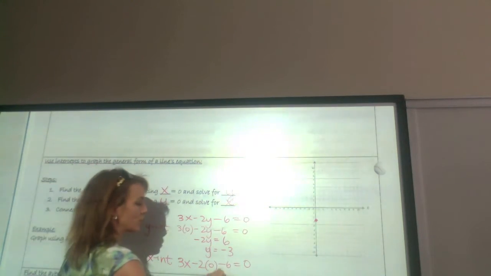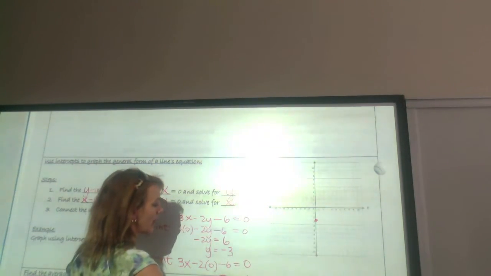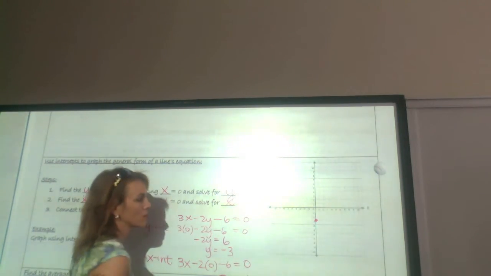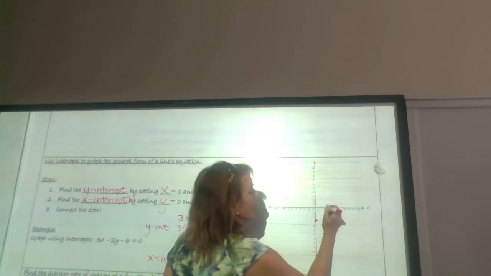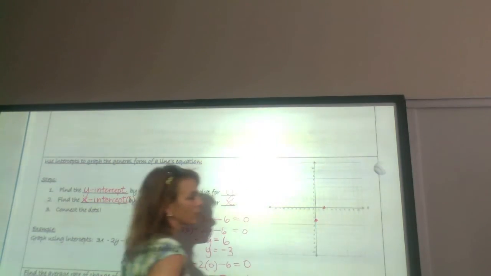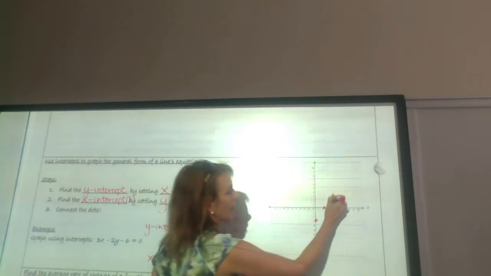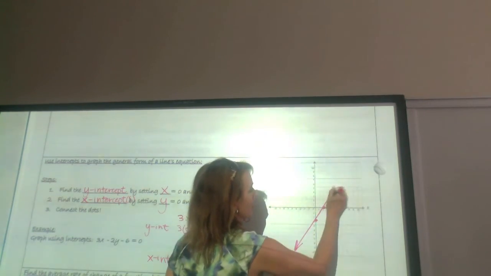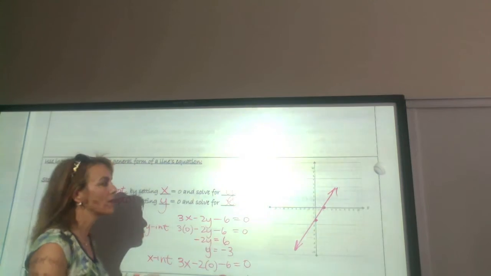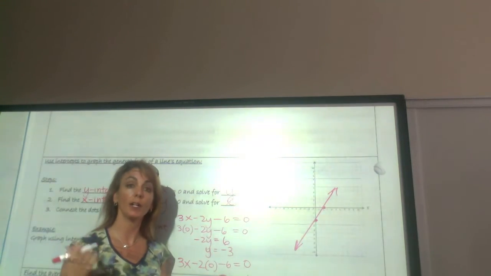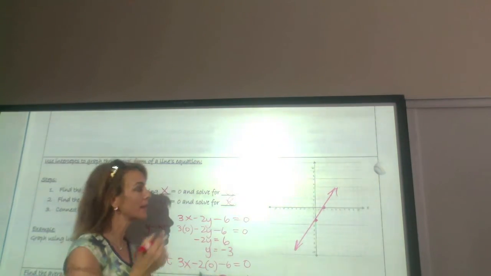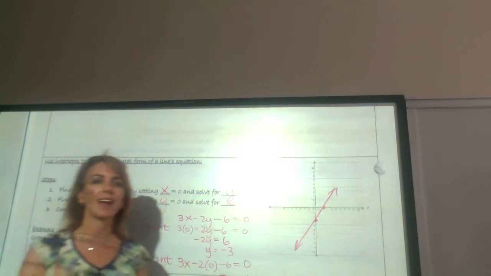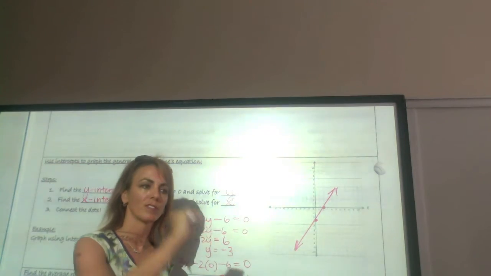So let's push the negative 6 to the other side, making it positive, and x is going to equal 2. On my x-axis, I hit x equals 2. I've got 2 points. I have enough to sketch a line that goes through them. Notice I did not use slope here. The problem says graph using intercepts, which means I need to plot both intercepts and then just sketch the line through.